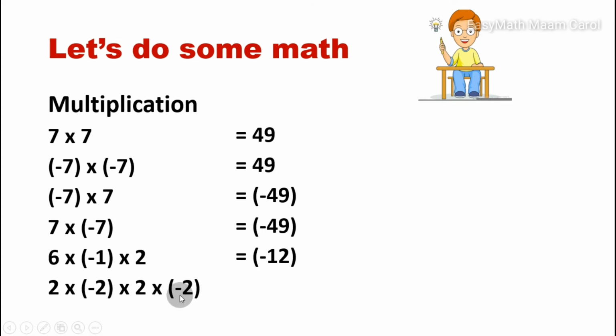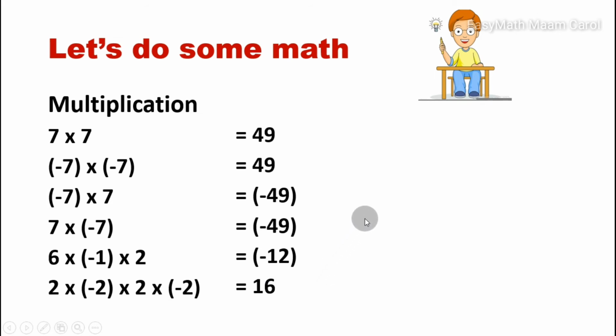Yung 2 ay even and this 2 cancels out. Therefore, our answer is going to be positive. Yan. So, there. So, ganun lang kadali yung multiplication. Walang confusion sa operation. When you are asked to multiply, you multiply. And then, all you need to do is to decide on the signs nung answer natin or nung product natin.